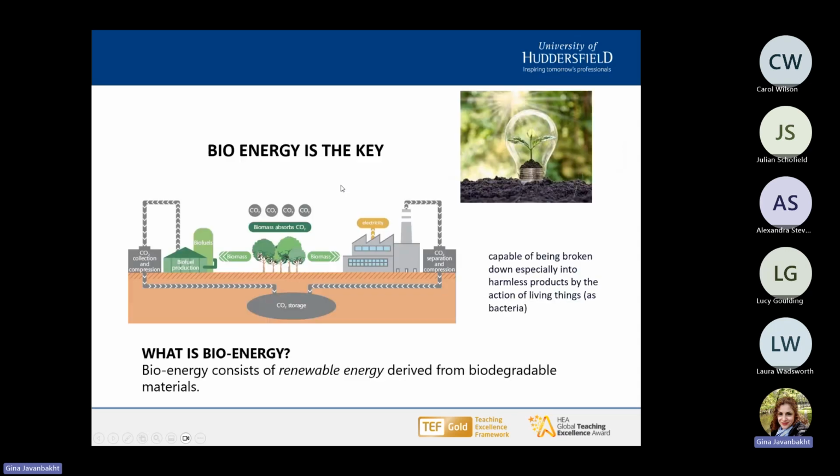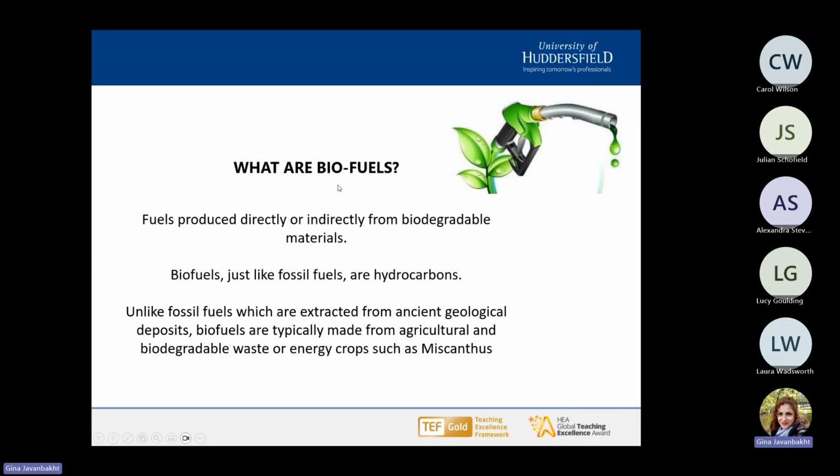One of the ways to produce bioenergy is using biofuels. I mentioned that there are wind sources and solar sources, they are all bioenergy sources, but I'm focusing on biofuels today. Biofuels are fuels that come directly from biodegradable materials. They are almost exactly similar to fossil fuels because they are made of hydrocarbons.